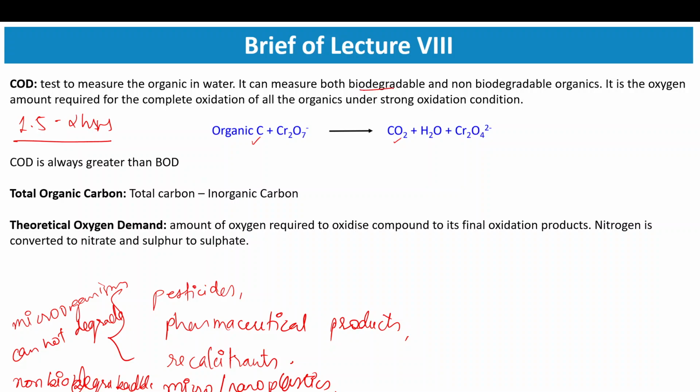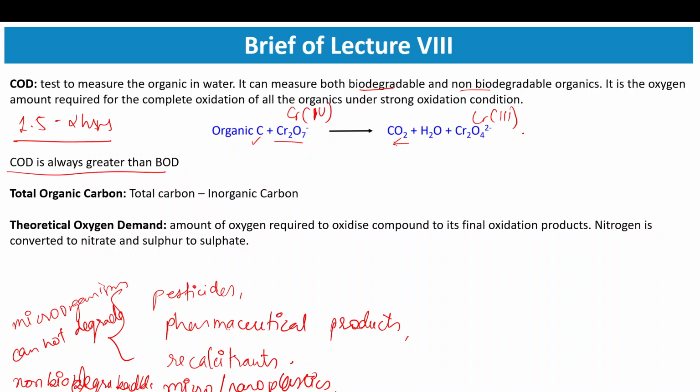Both biodegradable and non-biodegradable organics get converted into CO2 using potassium dichromate, which itself gets reduced from Cr plus 6 to Cr plus 3, and because of this strong oxidation condition, all are converted.